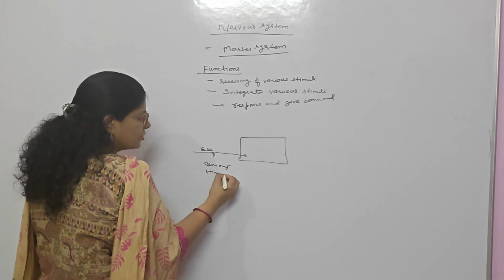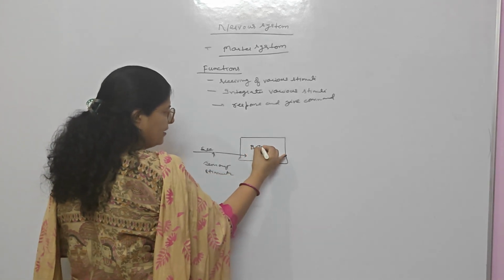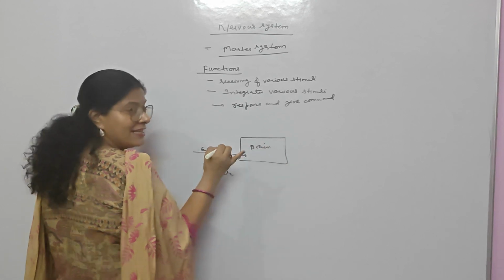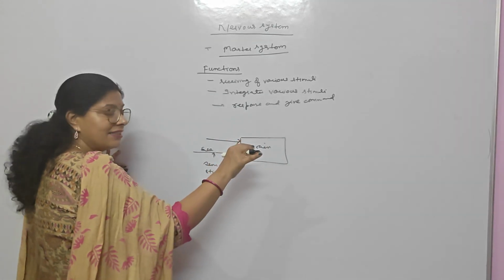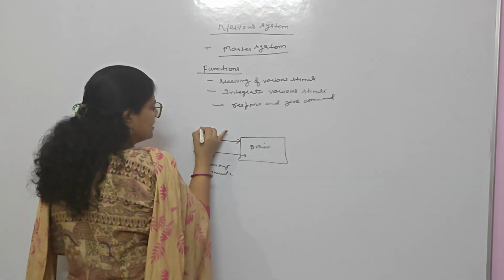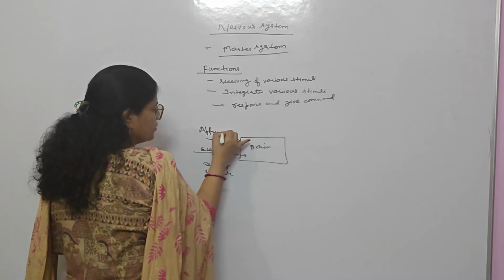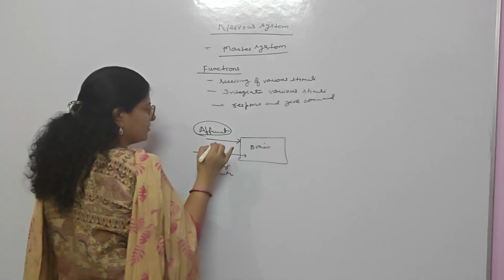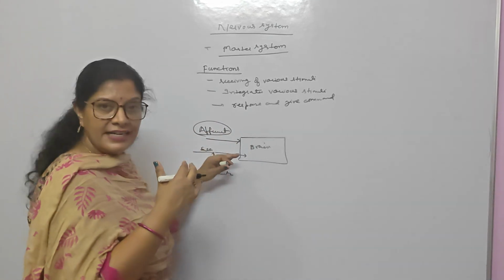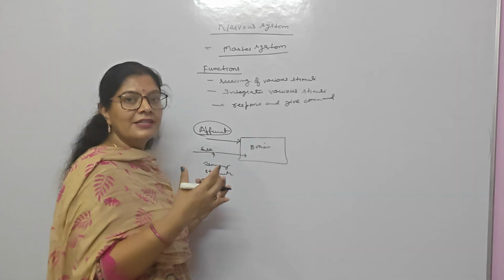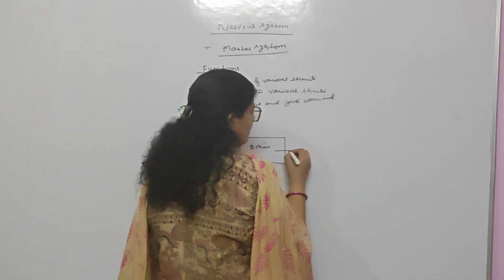So this is coming to our brain. It is receiving the sensation, it's coming to the brain. It has reached the brain. So this is the afferent. The sensory information which is coming to the brain, that is the afferent, and the nerves and other things which are carrying out, that is efferent.